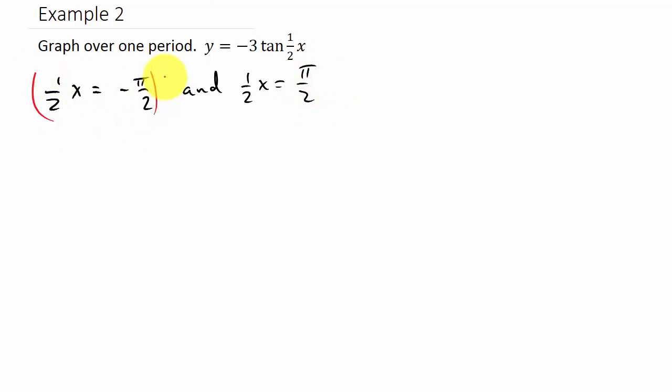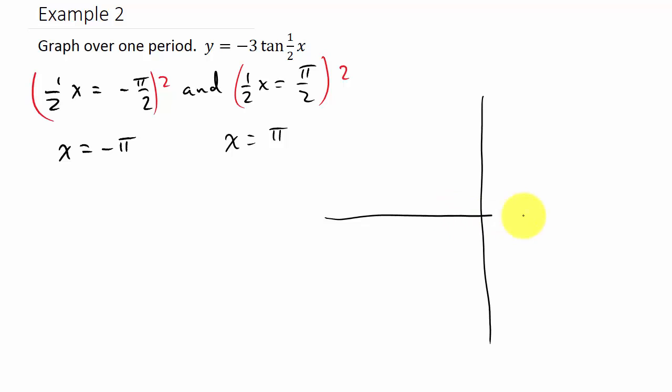Solving for x, multiply by 2, so I get x equals -pi. Same thing here, multiply by 2, I get x equals pi. Let's draw it. So I've got -pi and pi, that's my two adjacent asymptotes.